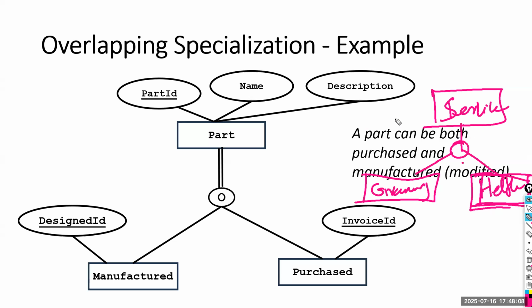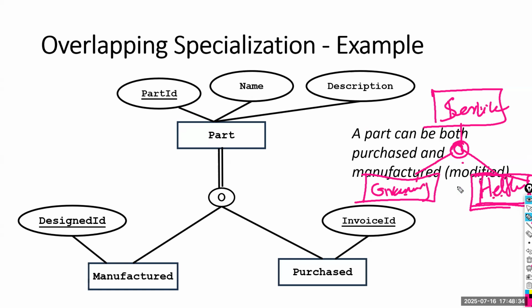So when an animal comes, we can do grooming, we can do health checks. So then our service can be grooming, our service can be health check, or our service can be both. So maybe we take an animal to do both grooming and health check. So then it can be overlapping because our service may include grooming and health check.